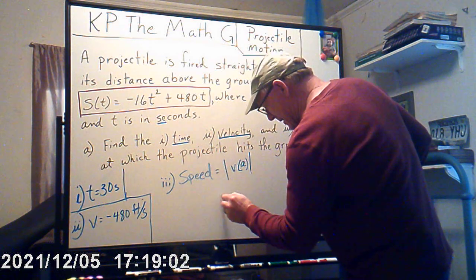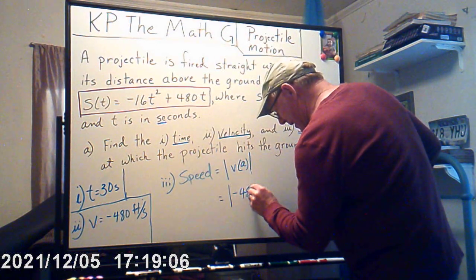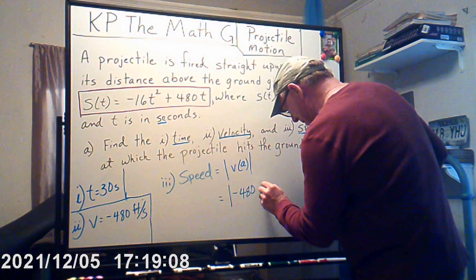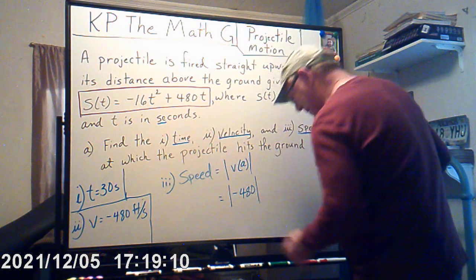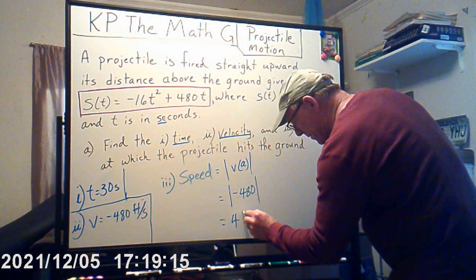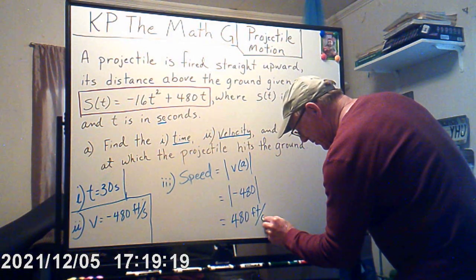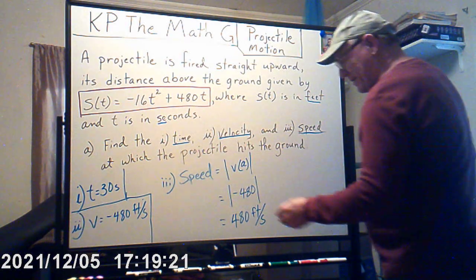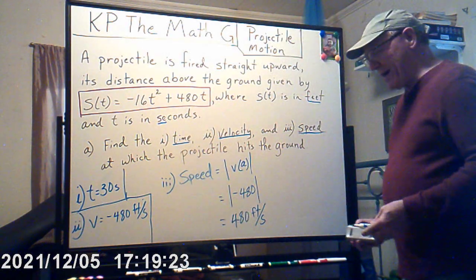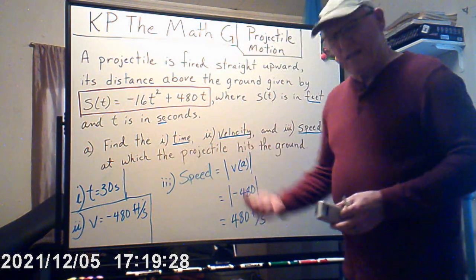The speed is equal to the absolute value of negative 480 feet per second, which is equal to positive 480 feet per second. So the deal is on this one, if we get the velocity, we automatically can get the speed, can't we?